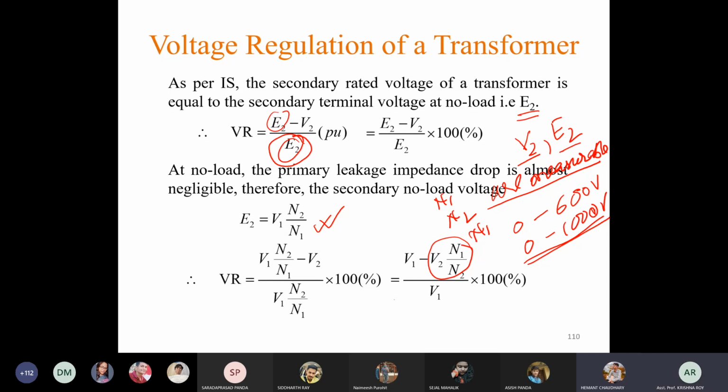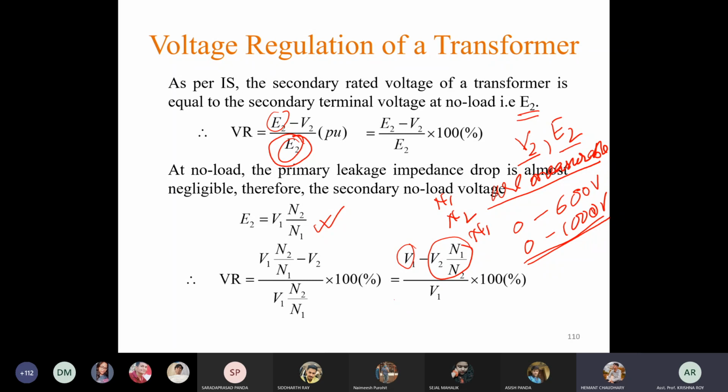So again you have to measure the applied voltage V1 as well as the output terminal voltage, that is the voltage across the load V2. For higher rating machines, that means transformers, those quantities may not be measurable.